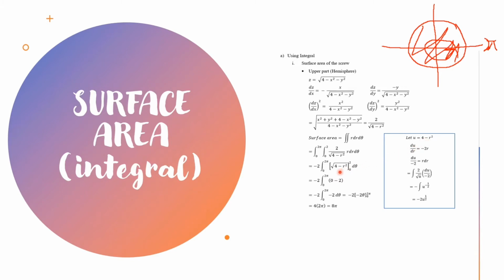We put in 2, and then I put in 0 and got square root of 4, which equals 2. Then we integrate for d theta, and we got negative 4 theta over 0 to 2 pi, and then we got 8 pi.